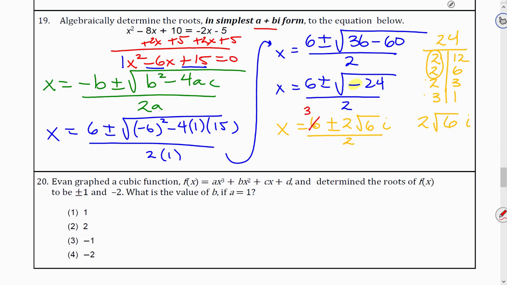A 2 goes into this one time, a 2 goes into this. So that's every single term. I've taken a multiple 2 out, and I'm left with 3 plus or minus the square root of 6 i. Now those are two answers, both 3 plus root 6 i and 3 minus root 6 i.